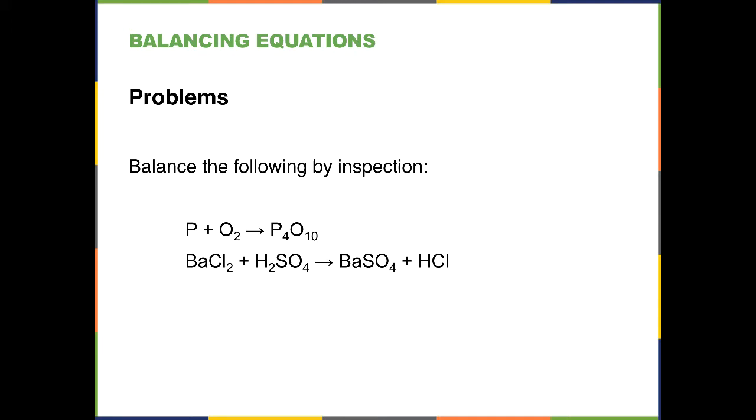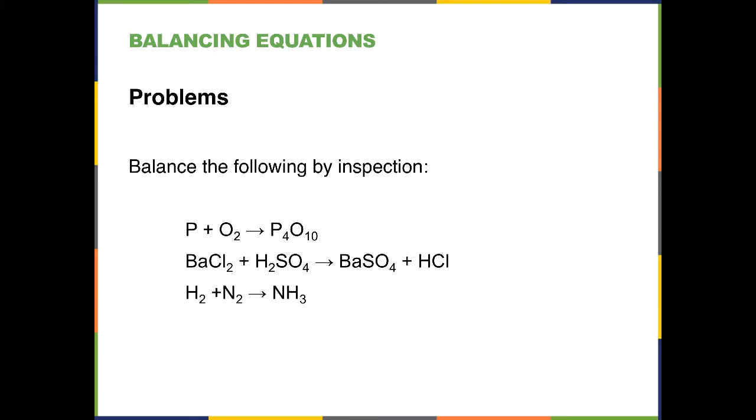So it takes 1 molecule of barium chloride and 1 molecule of sulfuric acid to produce 1 molecule of barium sulfate and 2 molecules of hydrochloric acid, or 1 mole of barium chloride plus 1 mole of sulfuric acid to form 1 mole of barium sulfate and 2 moles of hydrochloric acid.